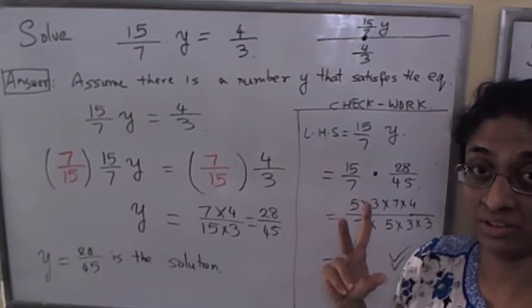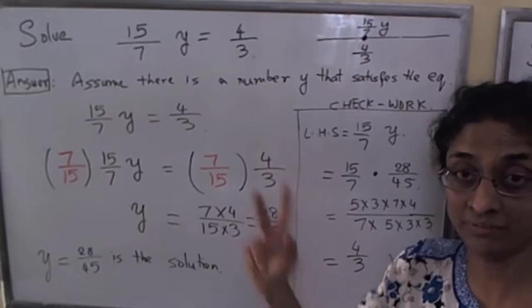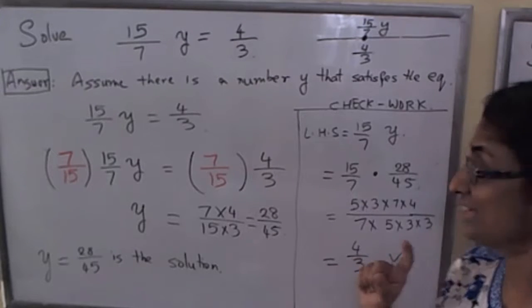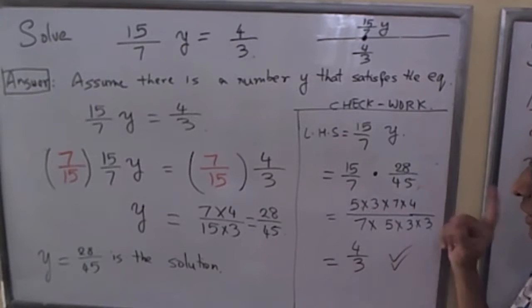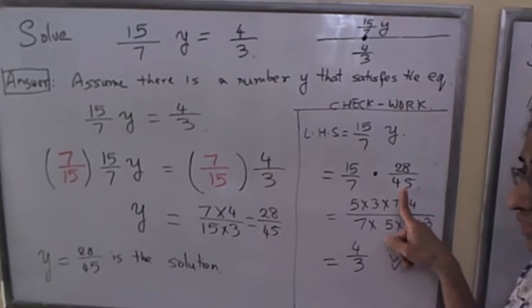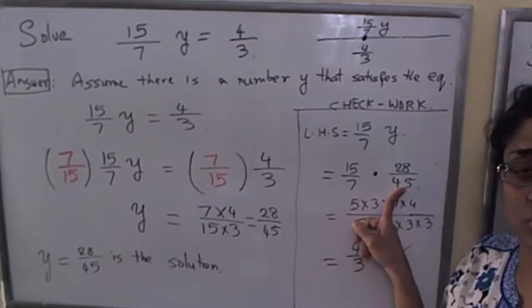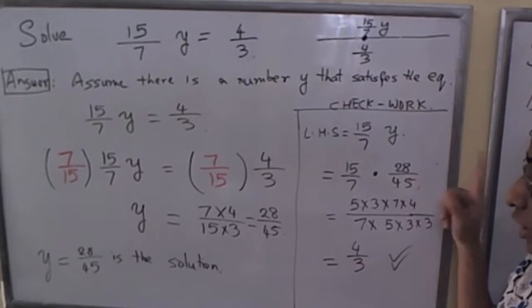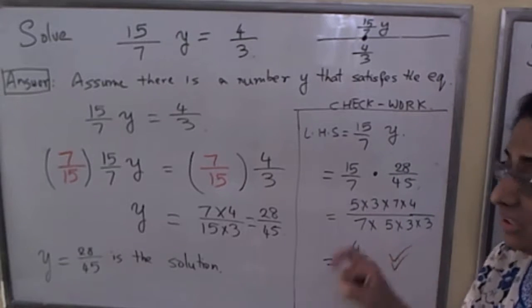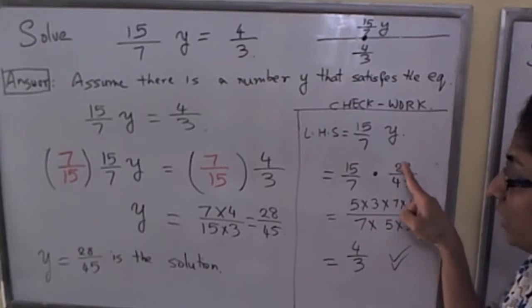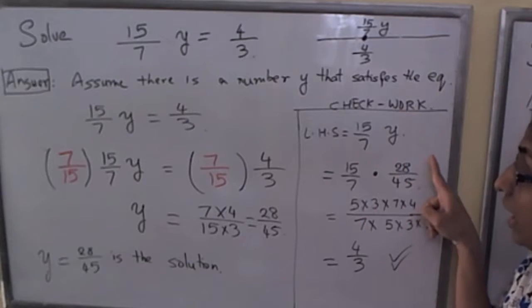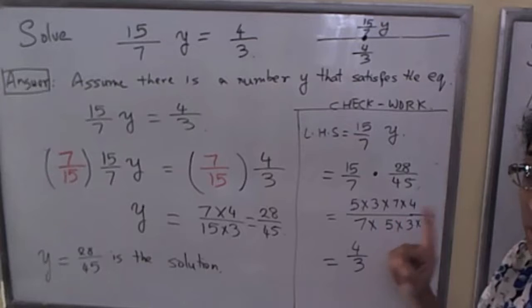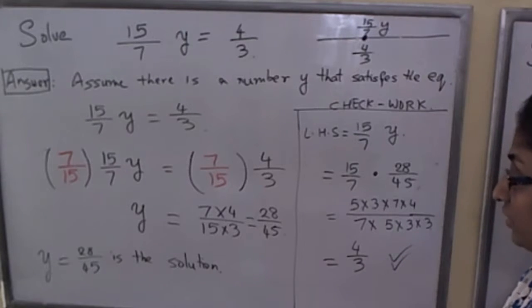If you do that, you'll end up getting very big numbers and you'll have to carry out a division. Instead, I think ahead, and I think, well, 15 and 45 have some common factors. 5 goes into both of them, and 7 goes into 7 and 28. So thinking ahead, instead of multiplying 15 and 28, I'm going to factor them so I can apply the cancellation law of fractions.